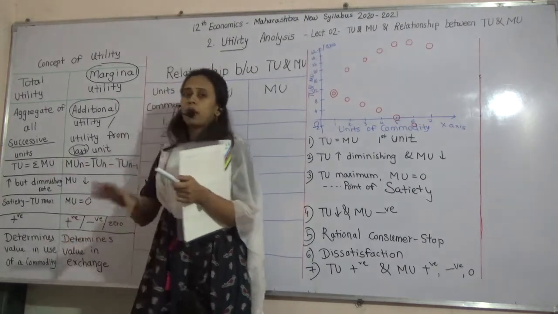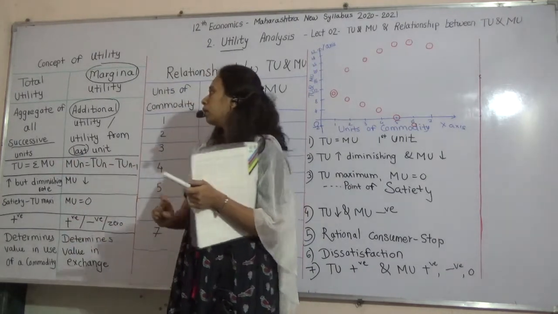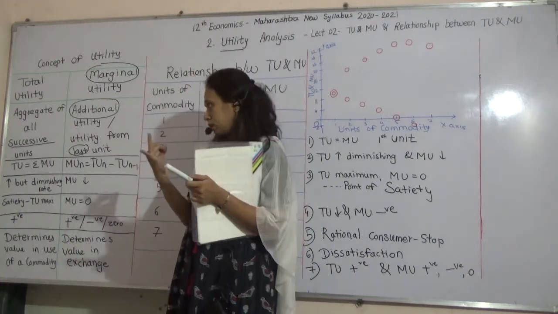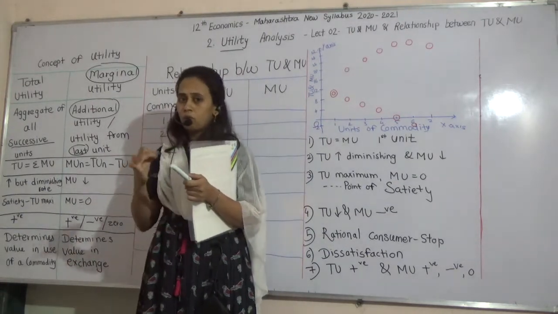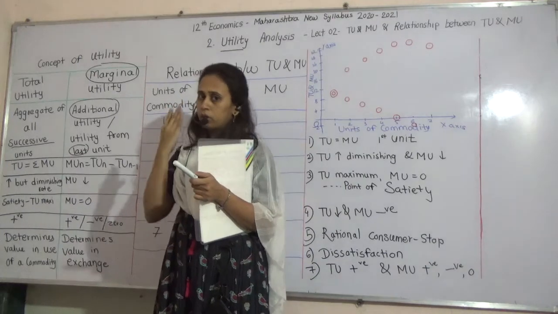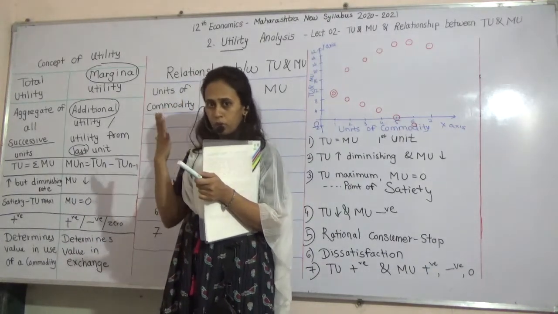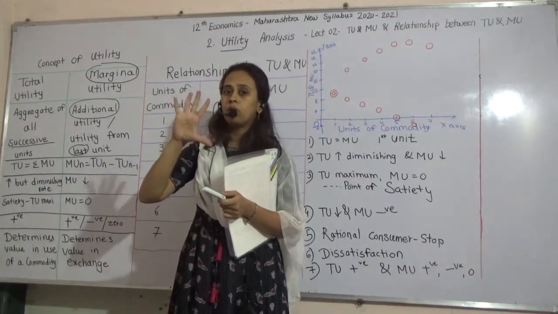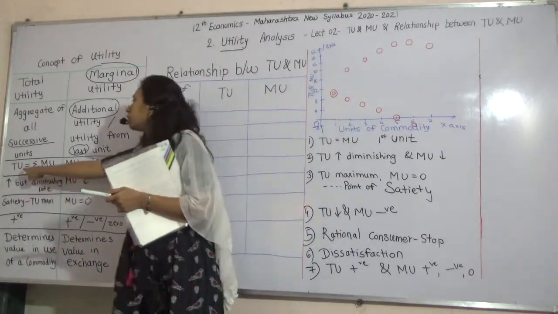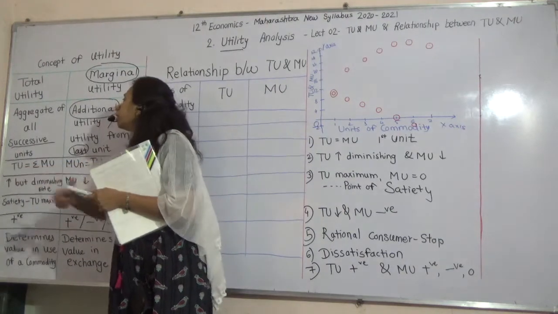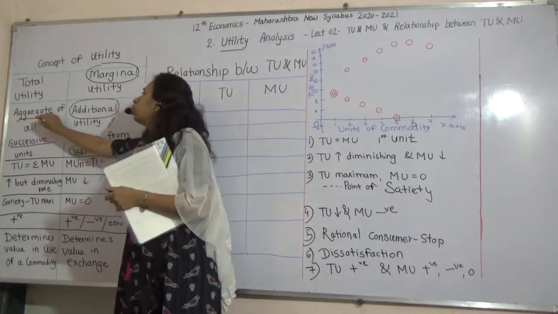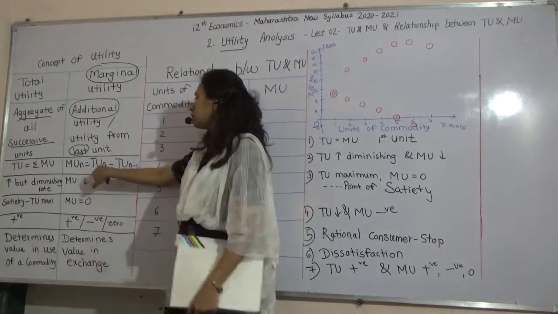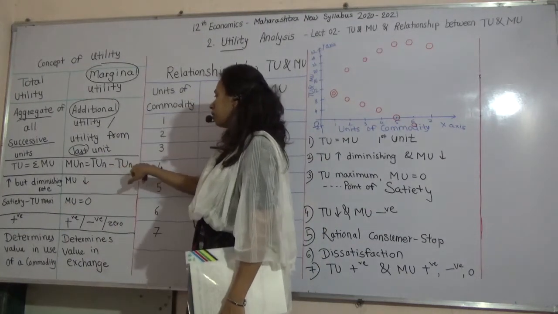So suppose I have eaten 5 mangoes, then total utility is utility from the first mango plus utility of the second mango, utility of the third, utility of the fourth, plus utility of the fifth. If I take the sum total of all 5 mangoes, that is called total utility. Aggregate means total. Then the marginal utility formula is TU(n) minus TU(n-1).